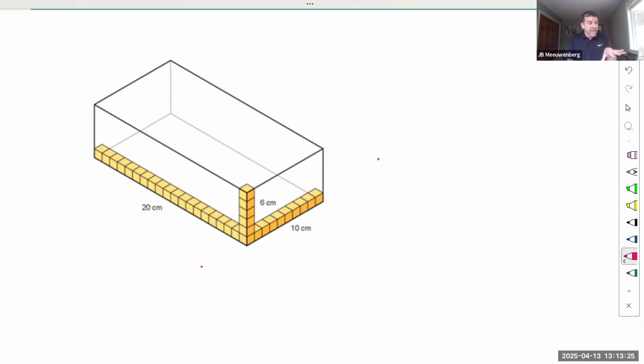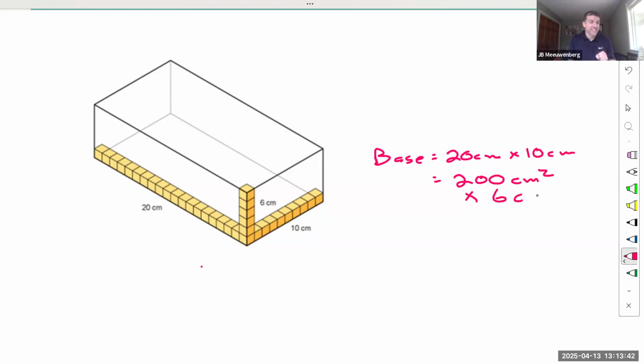So if we look at the base layer as 20 centimeters by 10 centimeters, that would be 200 square centimeters. And then we have 6 layers of those. So we multiply that by the height, which is 6 centimeters, and we find out that this is 1,200 cubic centimeters. And again, we're measuring cubes when we're talking about volume.